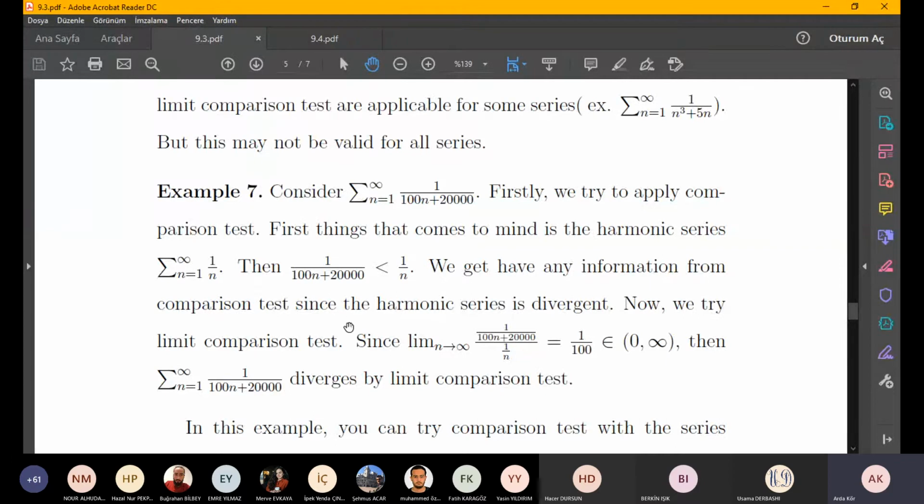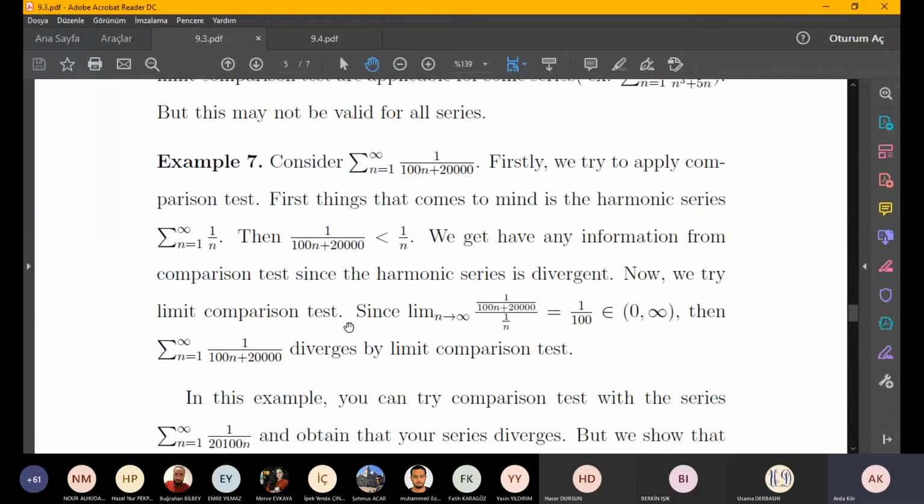So you can use the other ones also for some of them. For example, here we have the sum of 1 over 100n plus 20,000. So this is again a positively defined series.